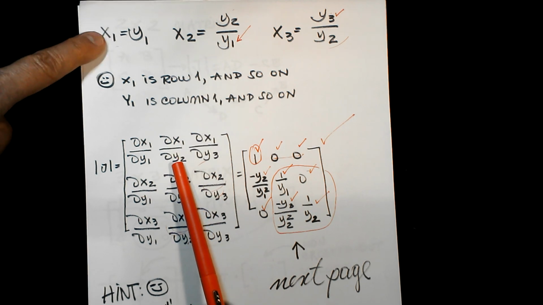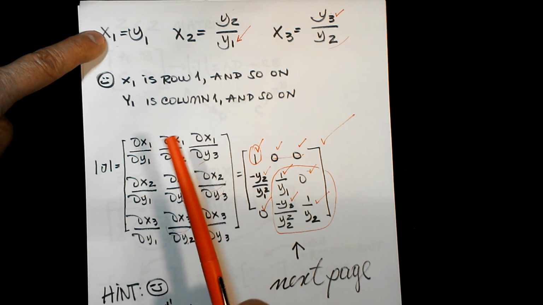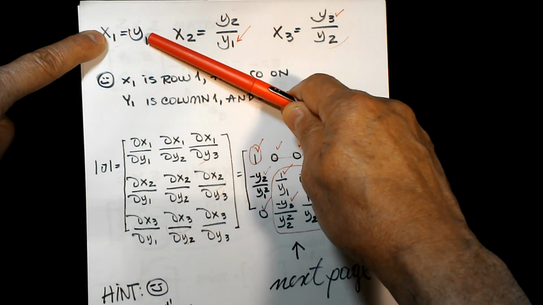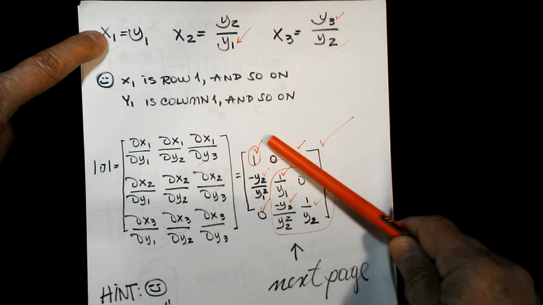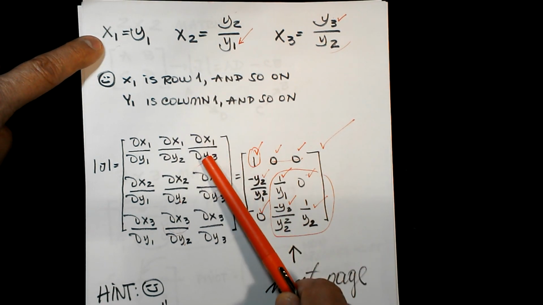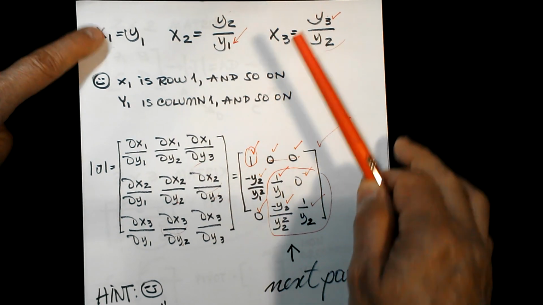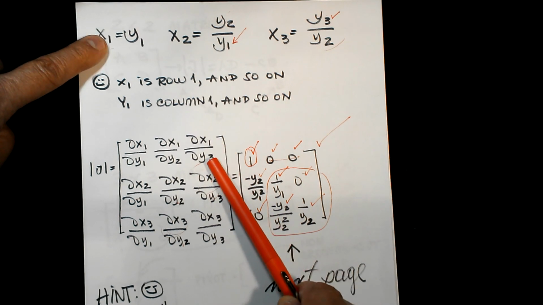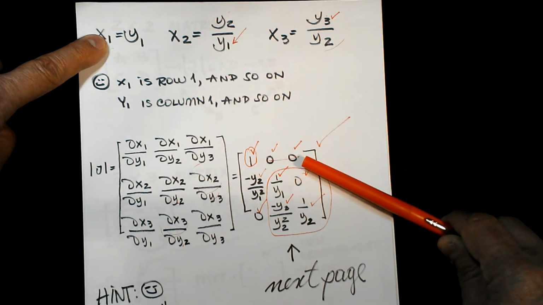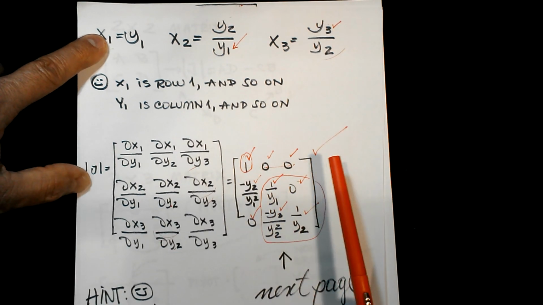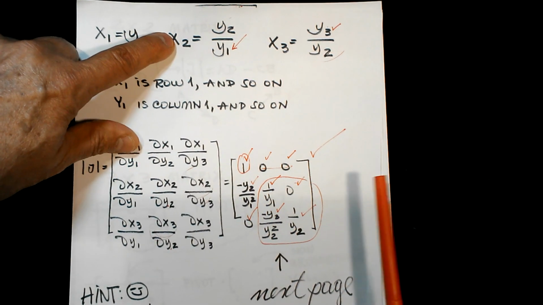Now it's this function over y2. There is no y2, therefore the derivative is 0. Keep your finger there. Move over to the third cell. It's this function over y3. No y3, the derivative is 0. Row 1 is done.